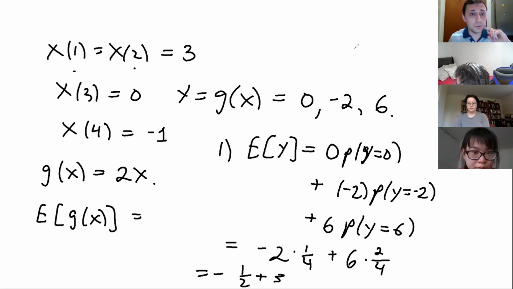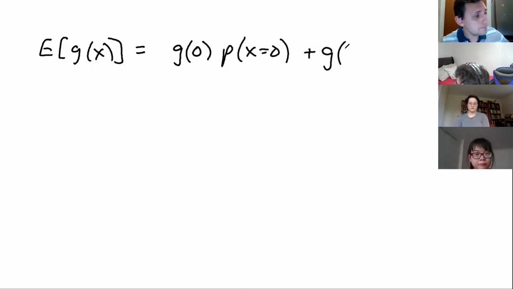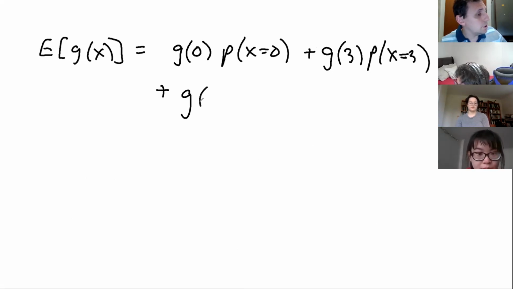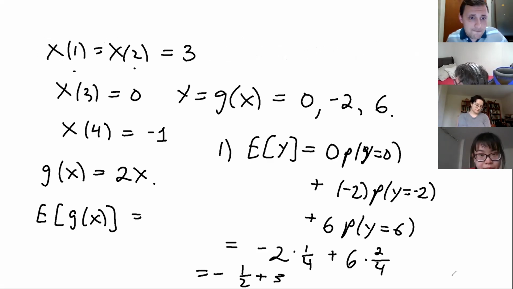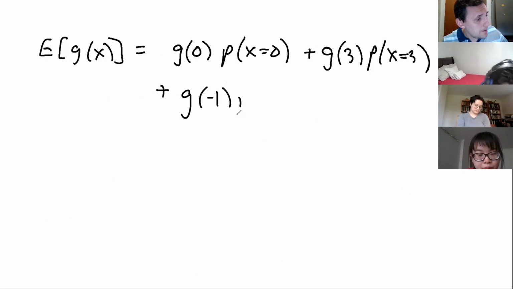X equal to 3, times the probability where X is equal to 3, plus g of X equal to -1 times the probability that X is equal to -1.